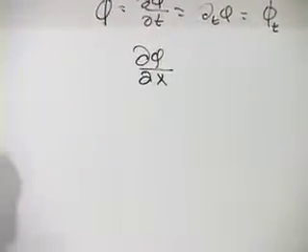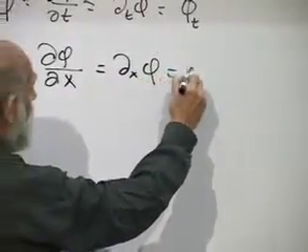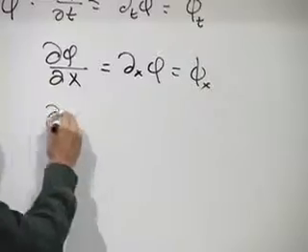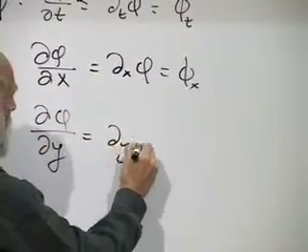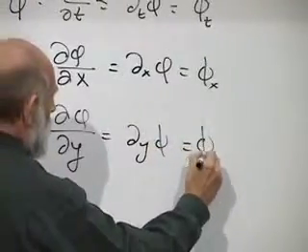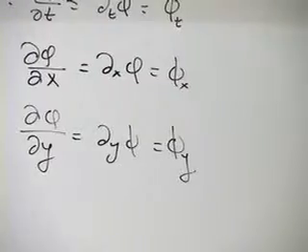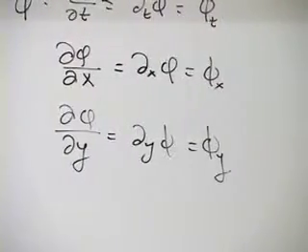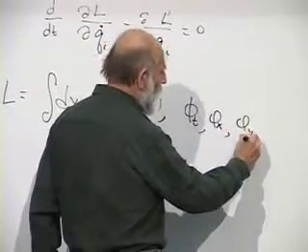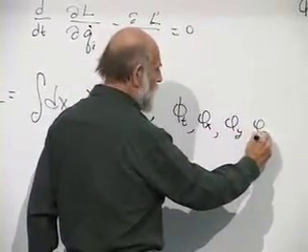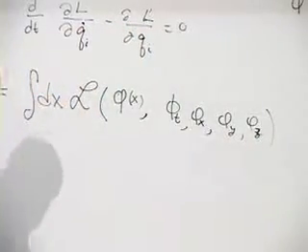All right? So we could have d x phi equals phi x. We can also have d phi by dy and so forth. So what can appear here is derivatives of phi with respect to t, x, y, and z. All of them can appear in the Lagrangian.